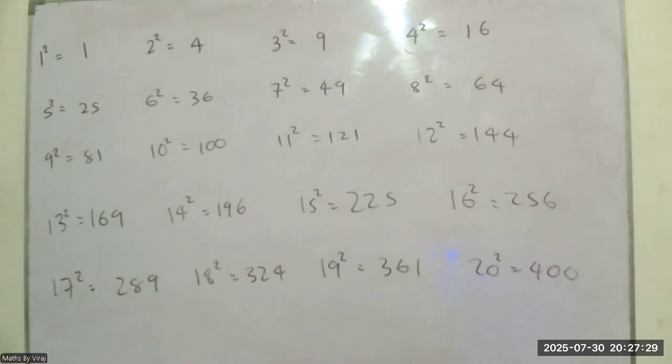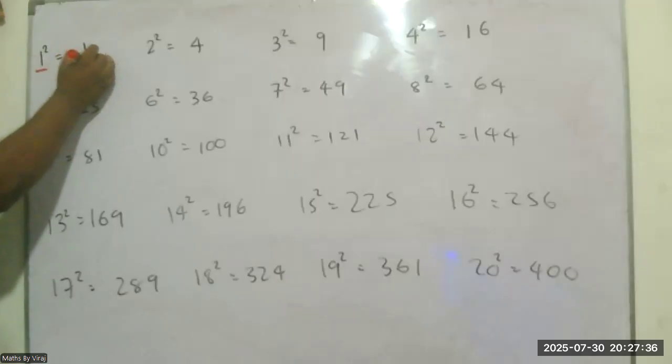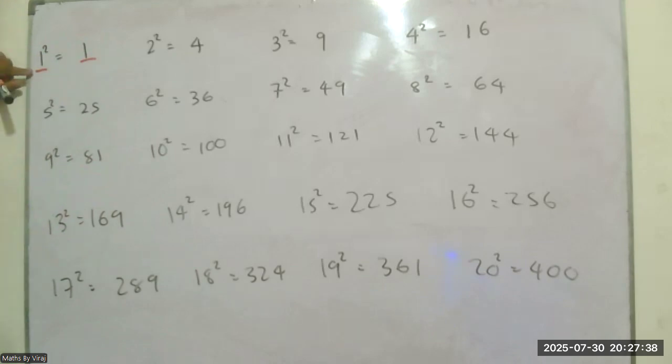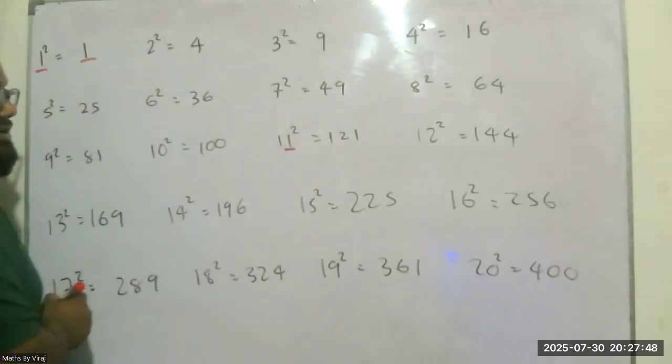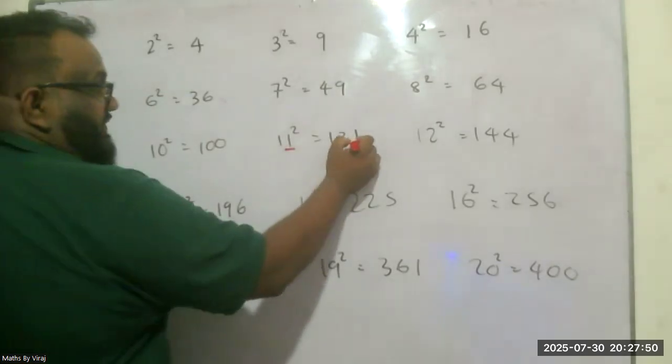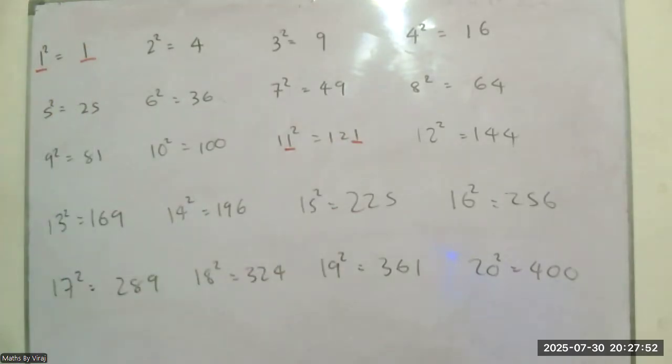If the number that is squared ends with 1, the square also ends with 1. 1 squared is what? 1. Now let's look at 11 squared, it ends with the 1. The final number is what? 1.